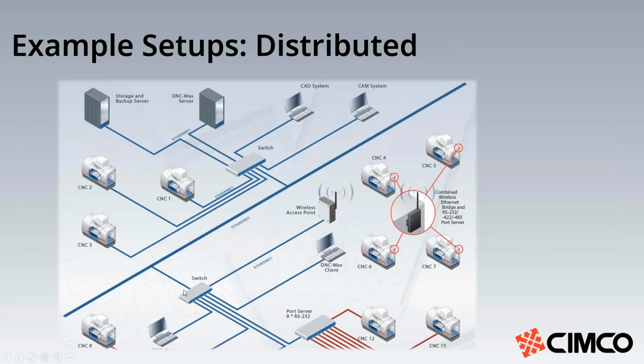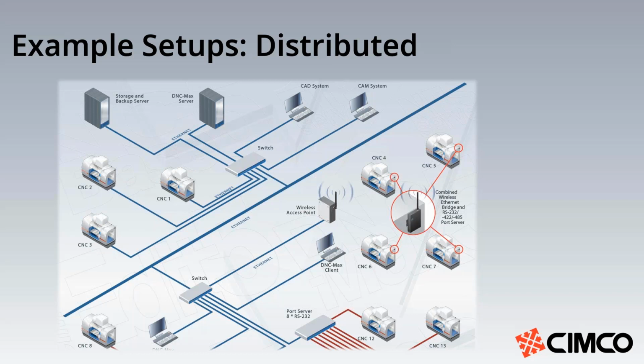The next slide is for maybe a larger shop or a larger network with more components going on in the system. The nice part about Cimco is it's essentially infinitely expandable. I think they can support something like 10,000 CNCs on their system, which I don't even think Foxconn has that many in China.